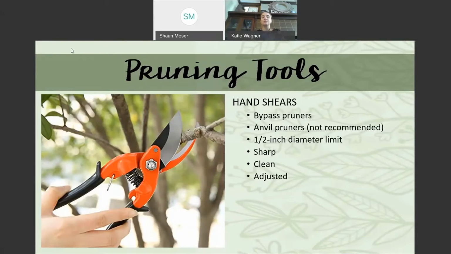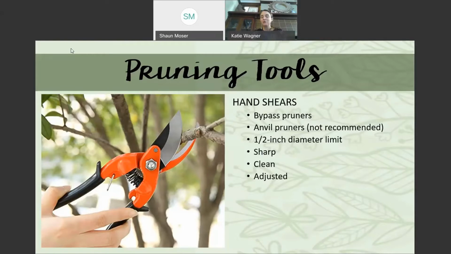Anvil pruners have a crushing effect, where bypass pruners make a much cleaner cut. And again, remember, you're wounding the plant when you're pruning it, and so keeping that cut as clean as possible is really important. Want to make sure that we're keeping our tools sharp. So sharpeners are important, and a little steel wool helps clean them up, and make sure that they're nicely adjusted, that they're just making that nice clean cut.